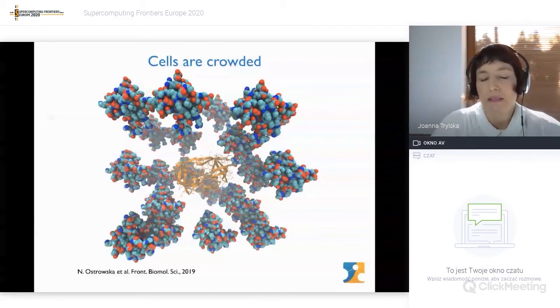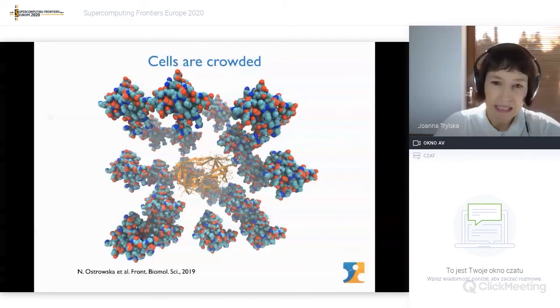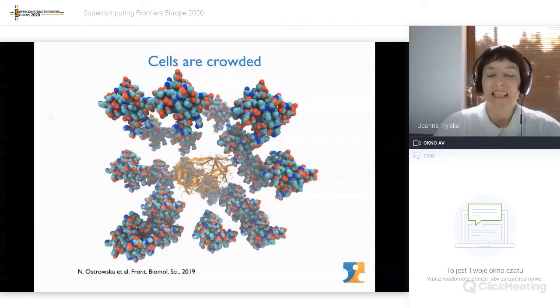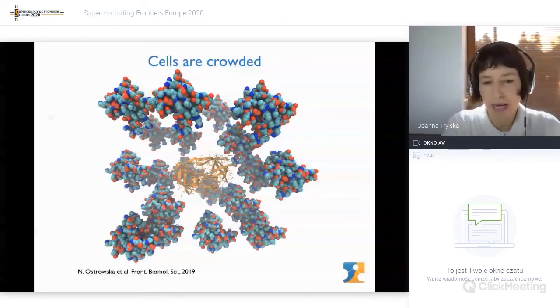In the system, we do not have only one substrate and one enzyme, but we have many of these. And apart from water molecules, we have also other crowding agents. Now, I will show an example of how these macromolecules that are present in the cell can affect enzyme dynamics.